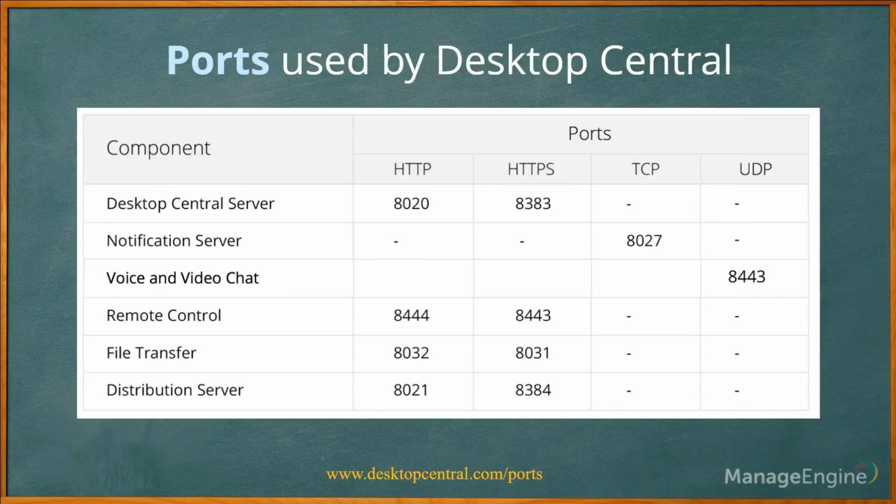For example, voice and video call is one of the important features of this product, which works on UDP port 8443. Agent-server communication happens on 8020, and server-to-agent notification happens on TCP port 8027. Agent-server secure communication can also happen through port 8383, which is HTTPS. To know more about these ports, please visit the website desktopcentral.com/ports.